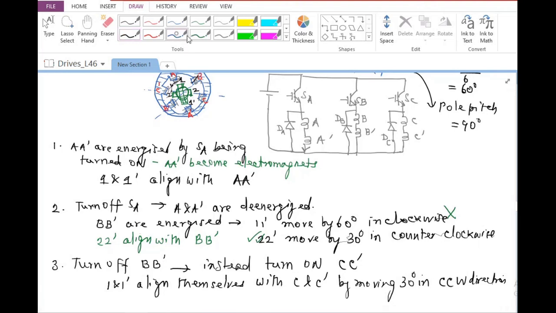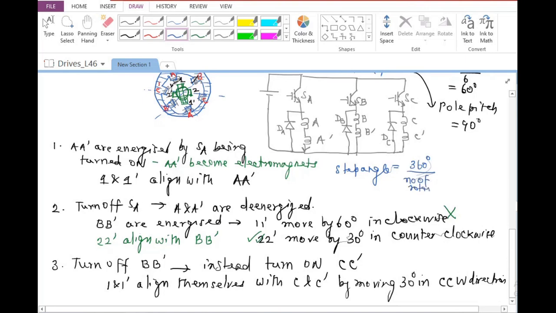So if I try to calculate the step angle, generally the step angle is going to be 360 degrees divided by number of rotor poles minus 360 degrees divided by number of stator poles.